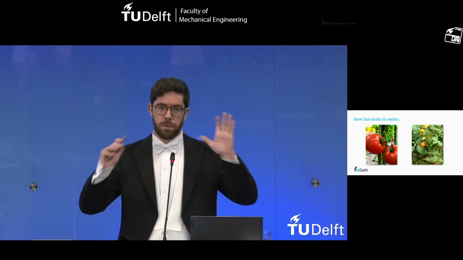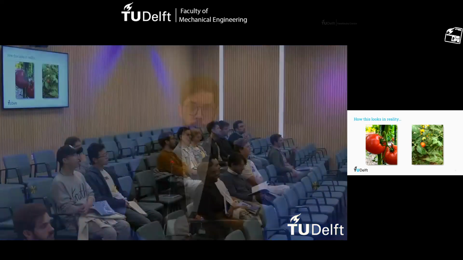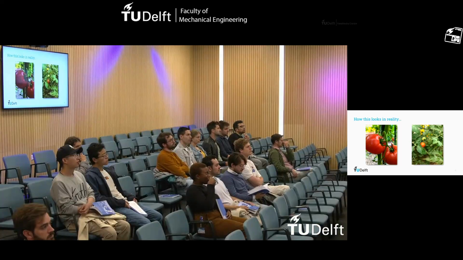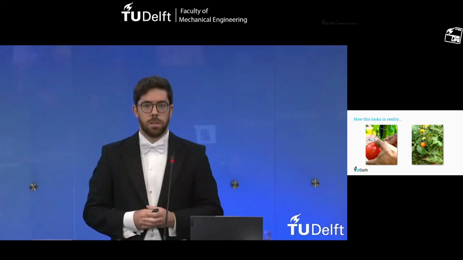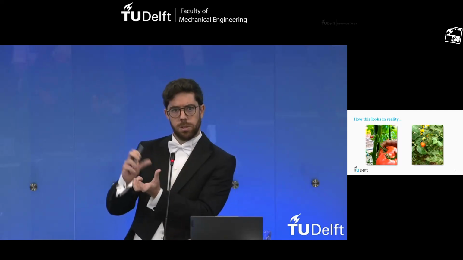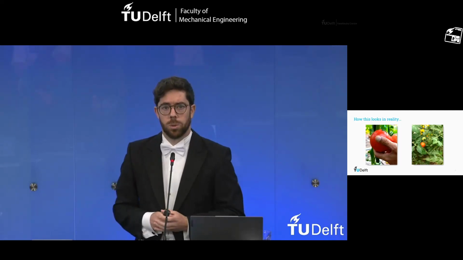So let's imagine that we have these two tomato settings, and we are going to see some people harvesting these tomatoes. We could imagine that we could, for example, track the hand of the person harvesting the tomato and use this as data to train our robots. On the left, we have this case where this person is using both of their hands to harvest the tomato.